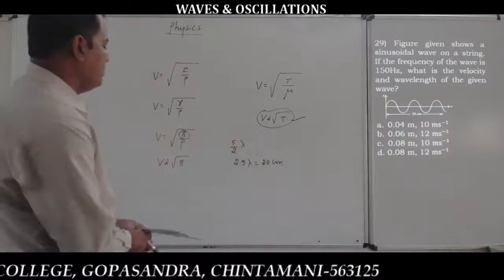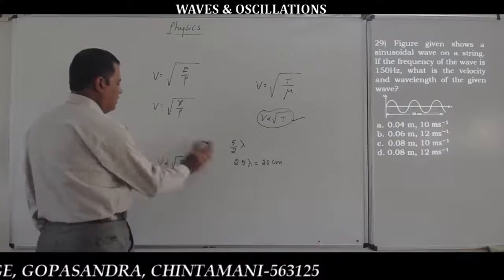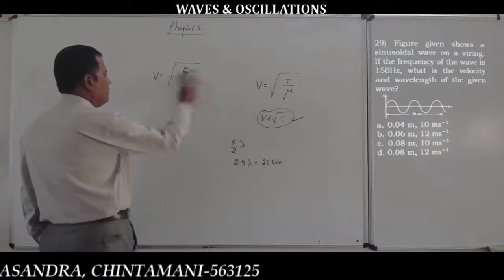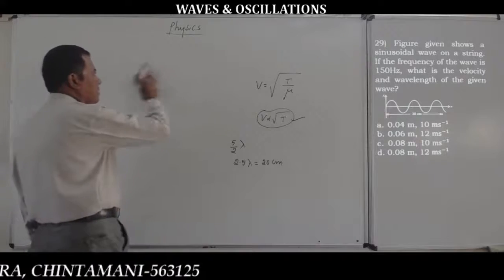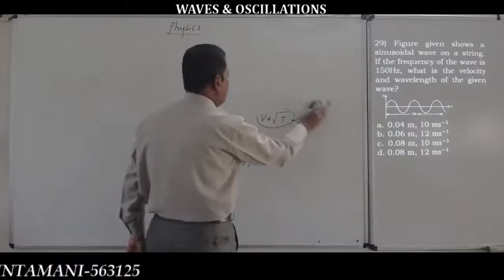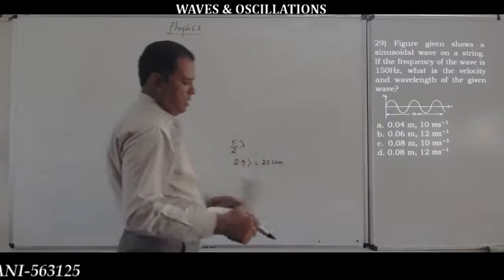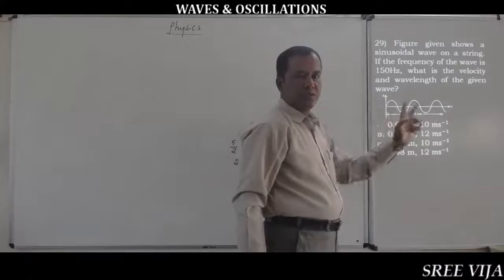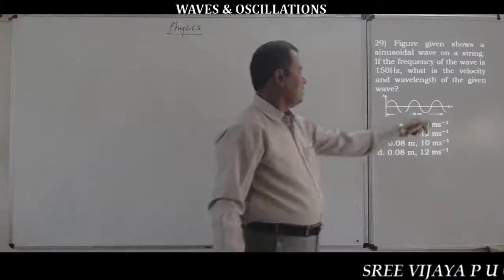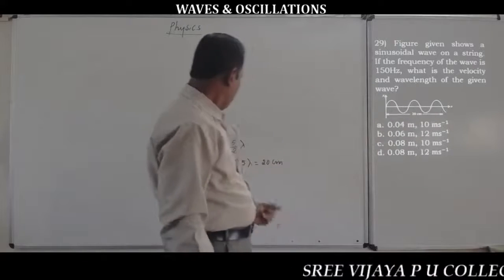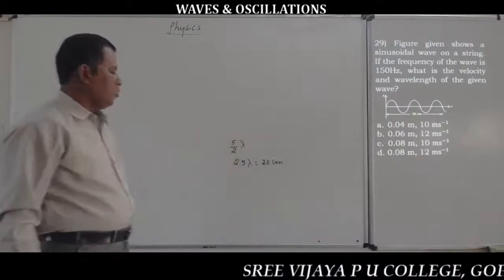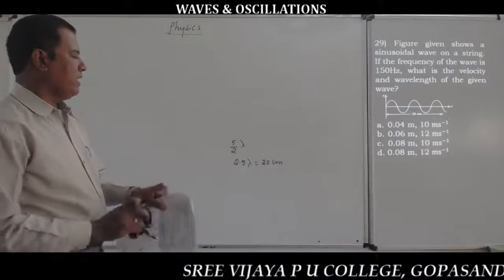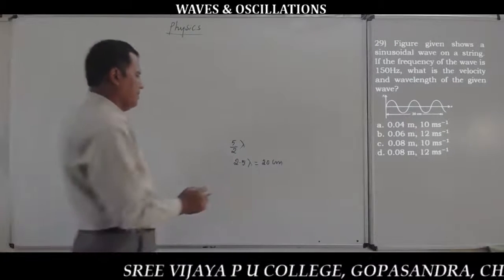From the diagram, you have 2.5 waves, and if the length of each wave is lambda, you get 2.5 lambda. Crest and trough make two waves, 2 times the wavelength, and only the crest is half of the wavelength. Therefore, 5 by 2 lambda, or 2.5 lambda, is equal to 20 centimeter.